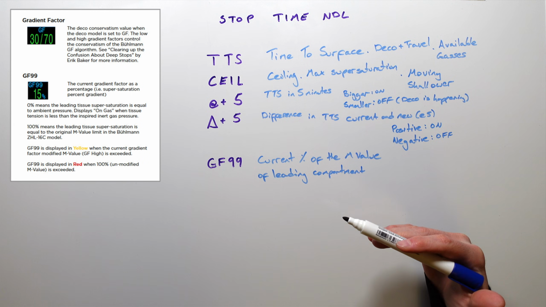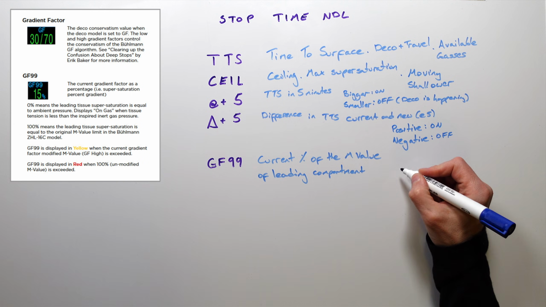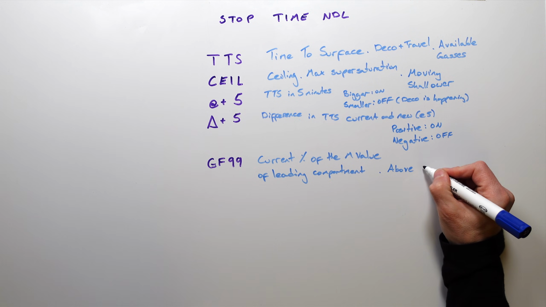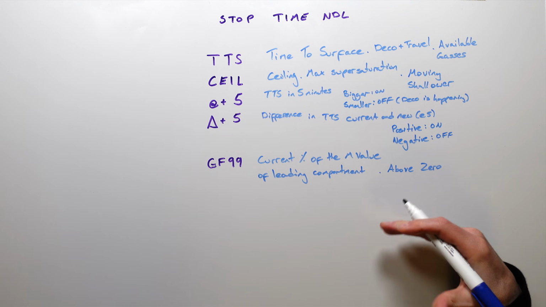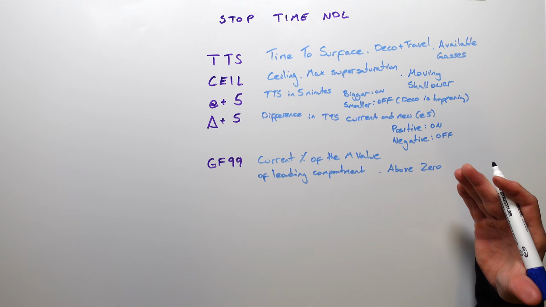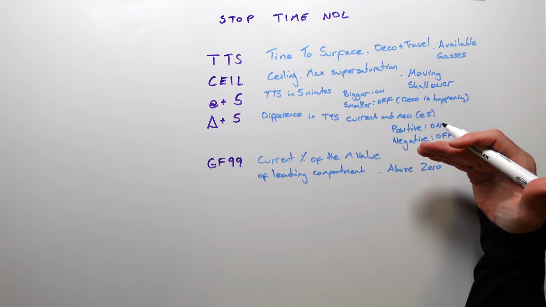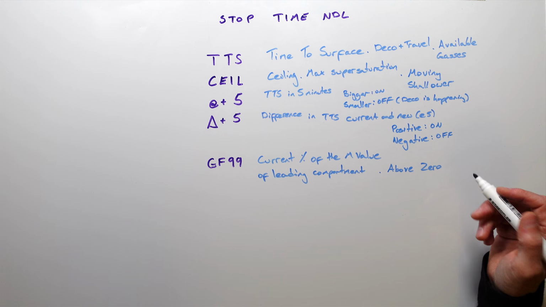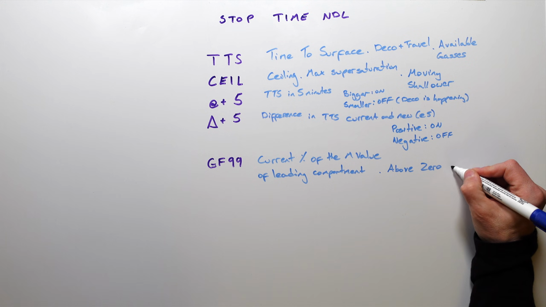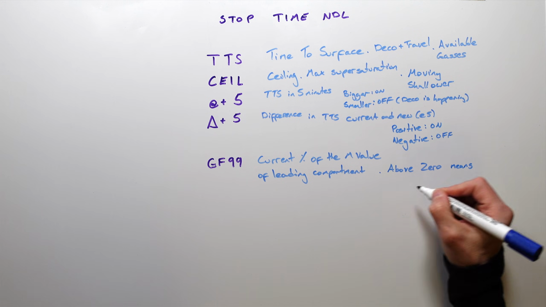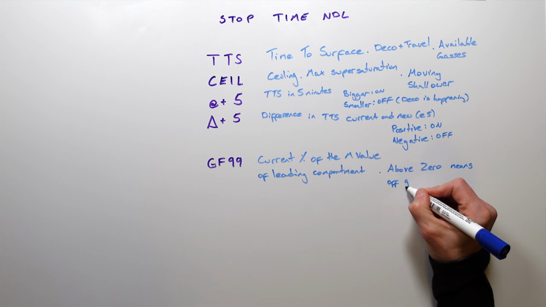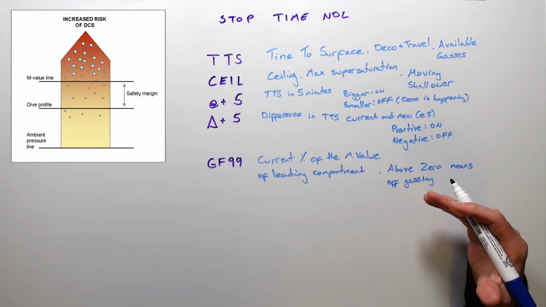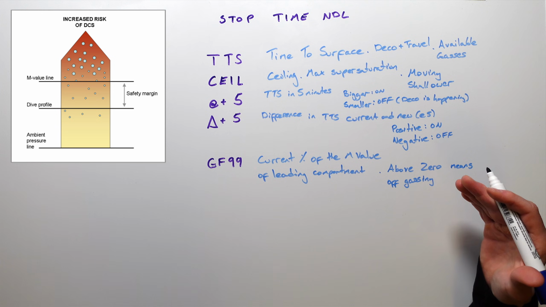So whenever it's above 0, that means I've got some amount of supersaturation. When it's at 99, that's the maximum amount. When it's at 1, that's the minimum amount. And the higher that number gets, the closer you are to the M value.